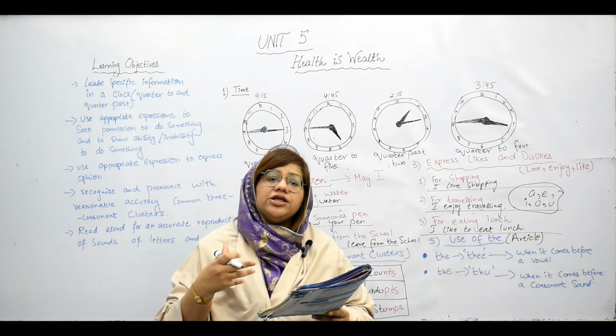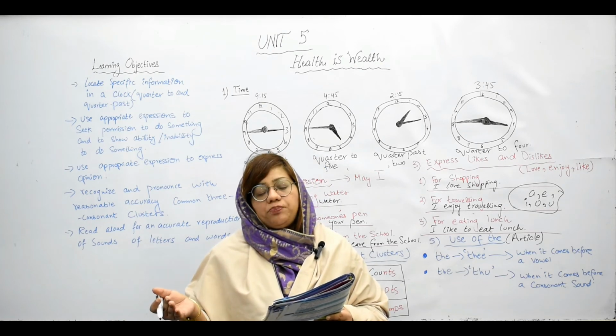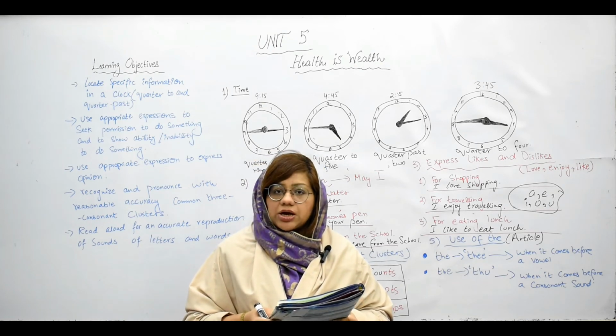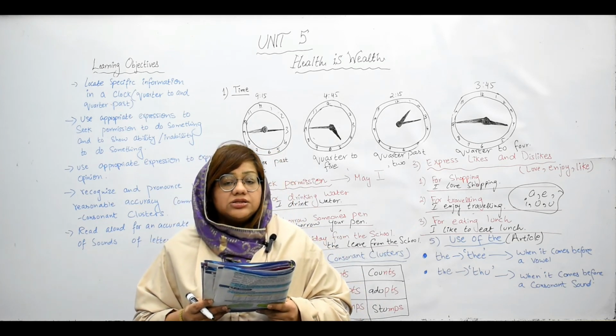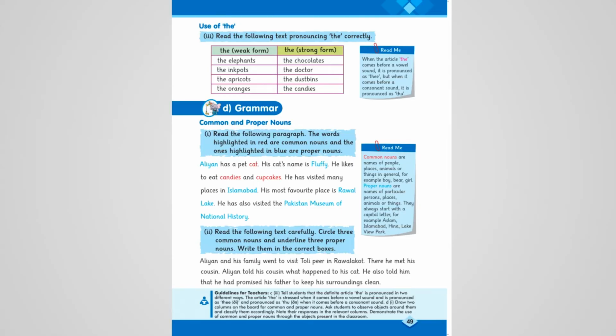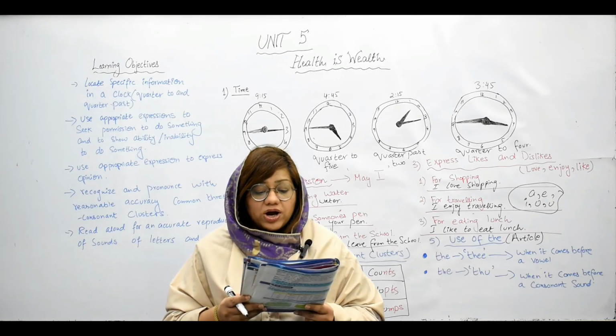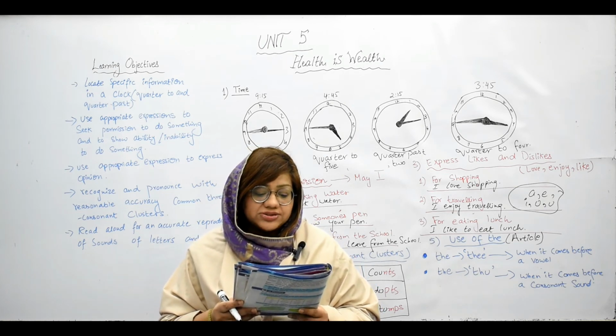Now how can we pronounce these articles, whether they come with a vowel or with a consonant sound? Let's take the weak form: the elephants. E, A, E, I, O, U, we have already discussed that whenever a vowel comes, we use "the" this way. The elephants.